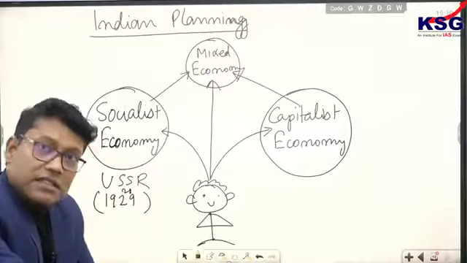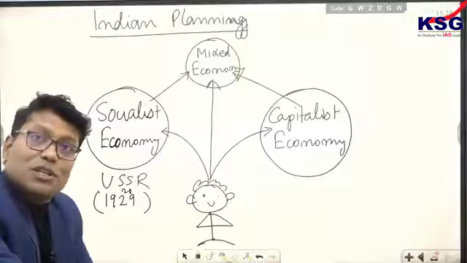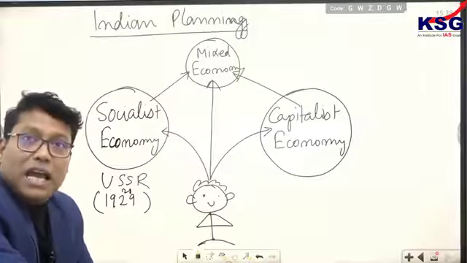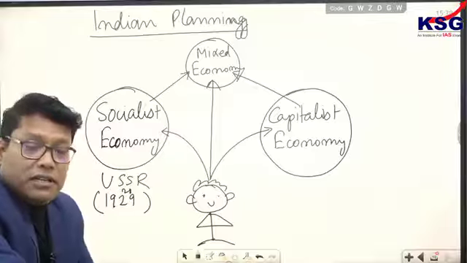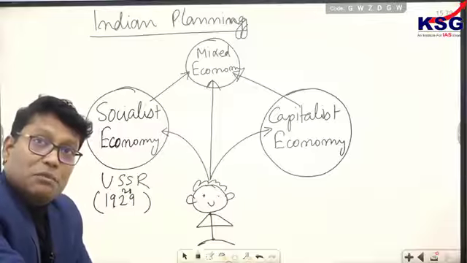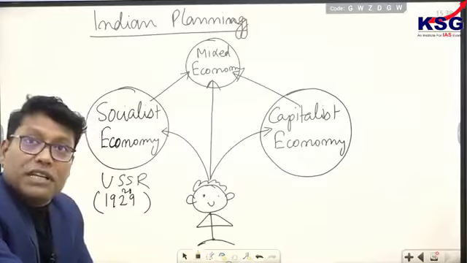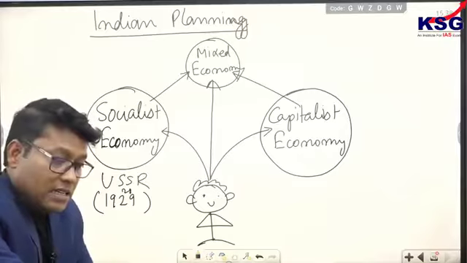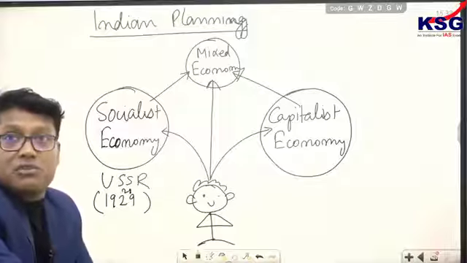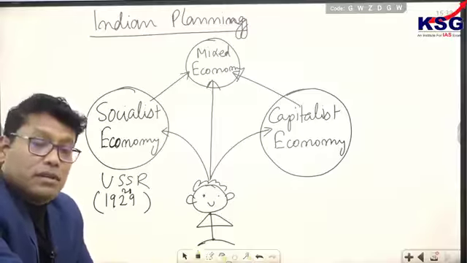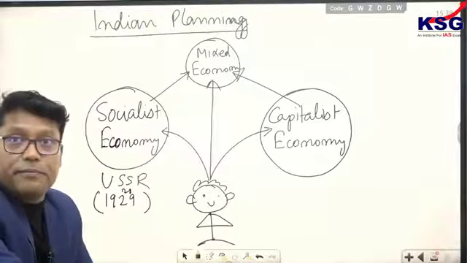The second institution conceived at that Bretton Woods conference is the IMF, the International Monetary Fund. The IMF was assigned the responsibility to create a uniform financial system, and the main responsibility was that if any member country faces a balance of payment problem, then the IMF has to help.